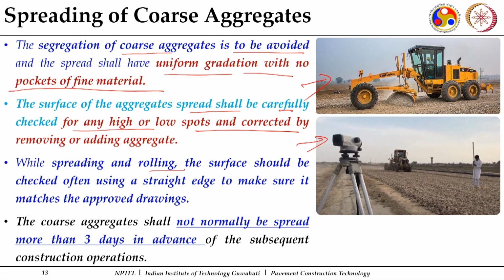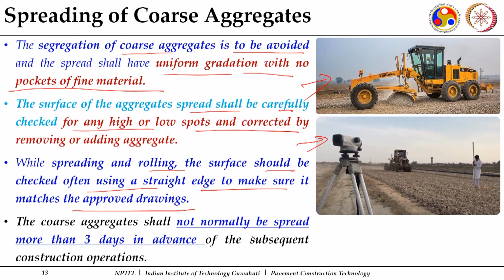While spreading and rolling, the surface shall be checked often using a straight gauge to make sure it meets the surface level requirements. But if you have good control with your grader, mostly you are able to achieve the levels. Simultaneously, your surveyor will do some exercise, and templates are also there. So, if these multiple checks are there, you will definitely achieve the required levels.